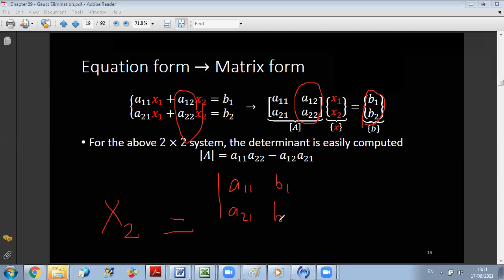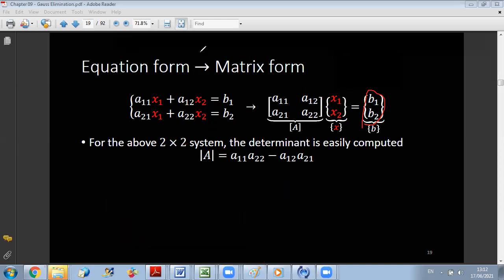I get the determinant of this matrix, and I divide it by the determinant of matrix A. I get x2. Okay? And you can mathematically prove this rule. It's very simple. You know substitution techniques, you know a lot of methods from school for solving this system. You can verify that this form gives exactly the same result.